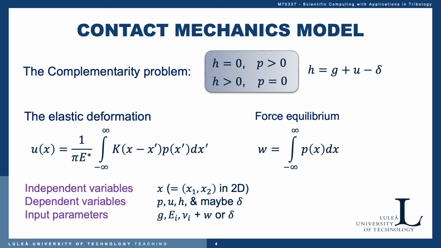And we have independent variables, just the x1 and x2 variables in 2D, or x1 in 1D. And then the dependent variables, which are mainly p, but the deformation u and the deformed gap between the surfaces can be seen as implicitly dependent variables, auxiliary dependent variables.